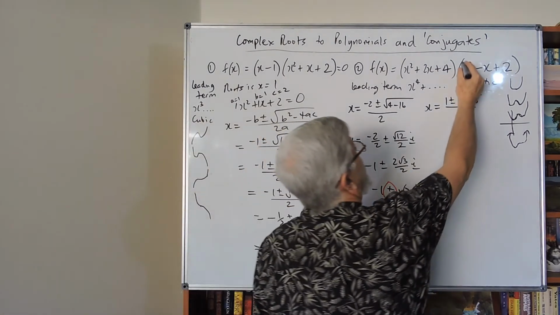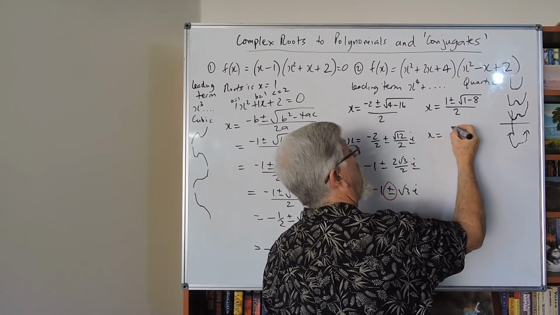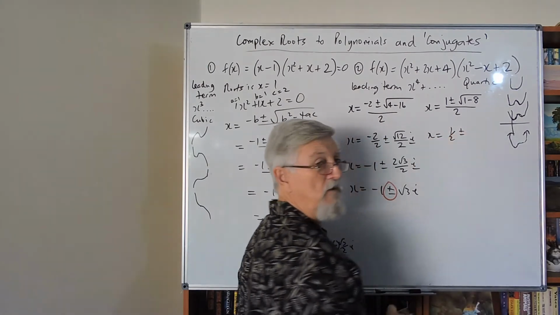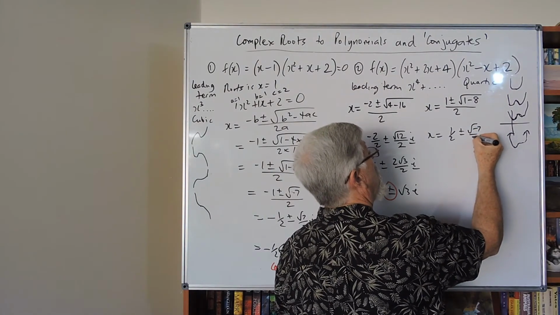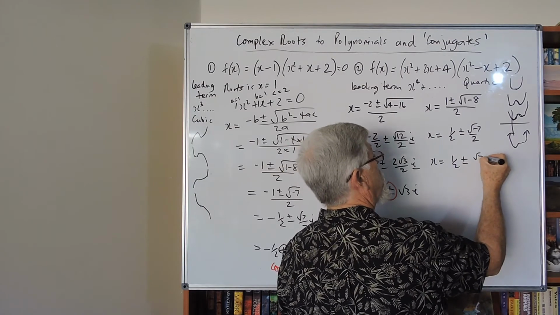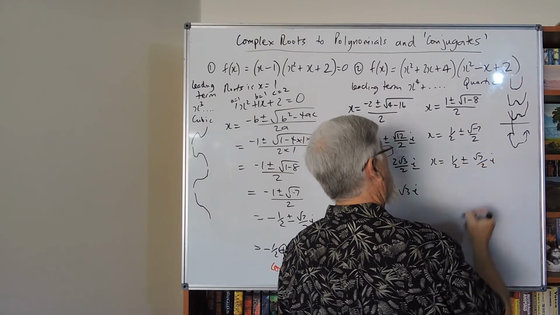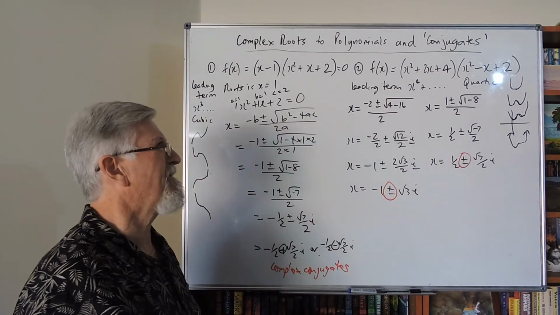So what have we got there? 2 ones are 2. And again, just like before, I've got a half plus or minus the square root of minus 7 on 2, which can be written as a half plus or minus root 7 on 2i. So again, we've got a pair of complex conjugate roots.